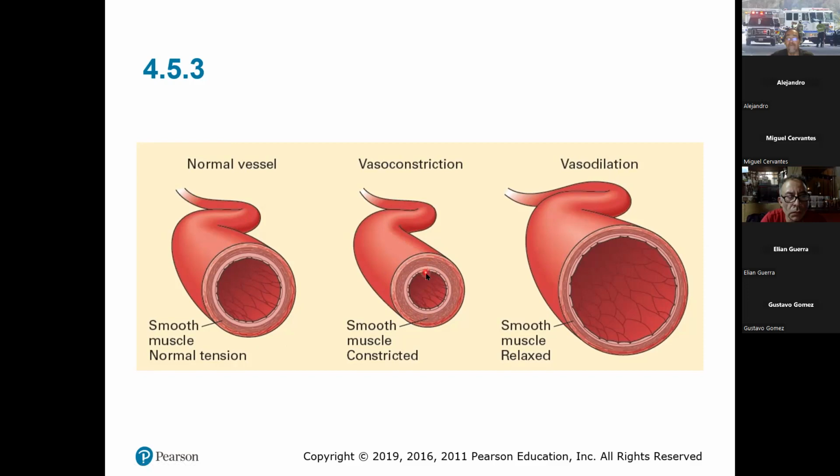The lumen, by definition, is the inner diameter of the tube itself. That causes it to be a lot smaller, causing blood pressure to go up. It's like when you have a garden hose and you put your thumb in front of it, making the diameter smaller, so water goes a lot faster with higher pressure. And when it vasodilates, it causes the blood pressure to go down.